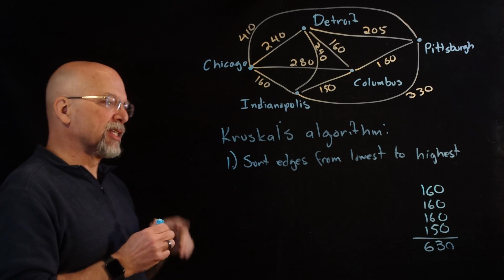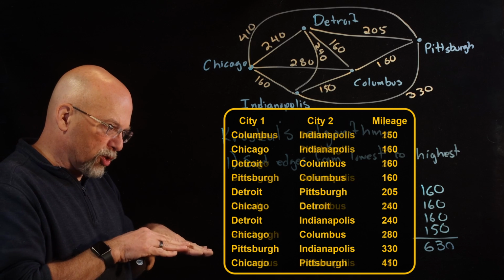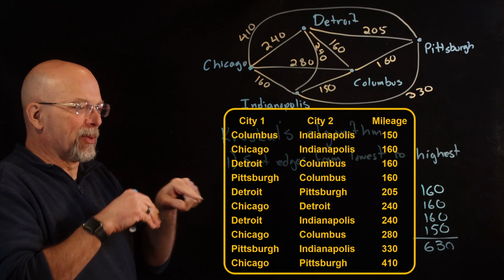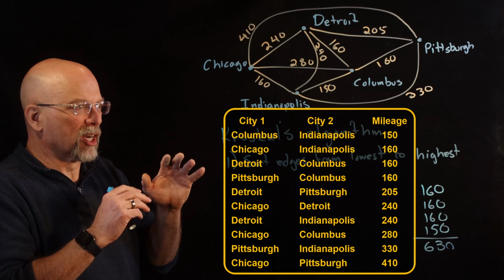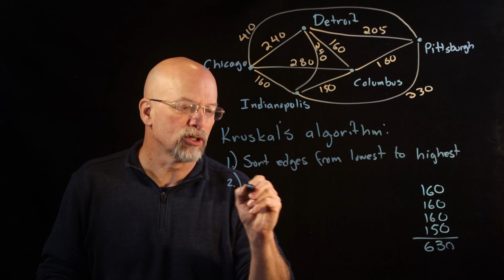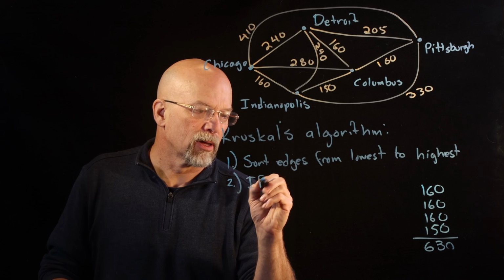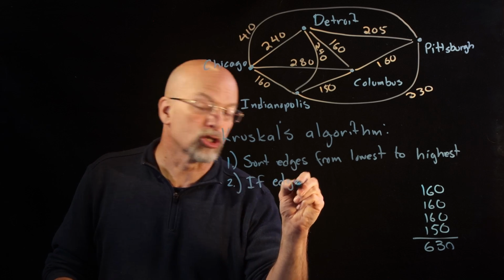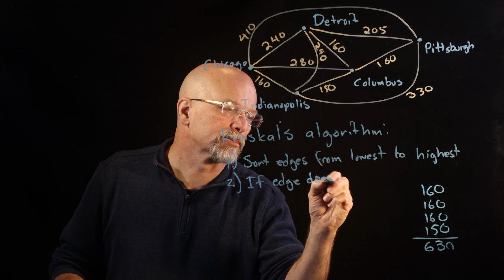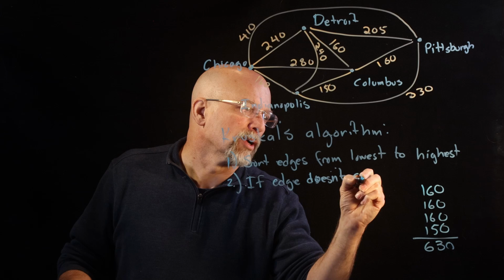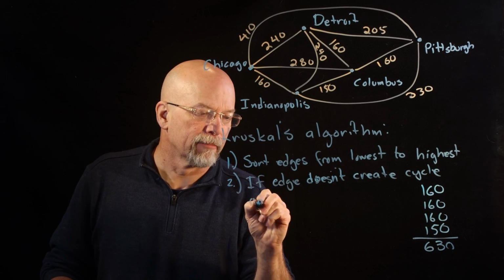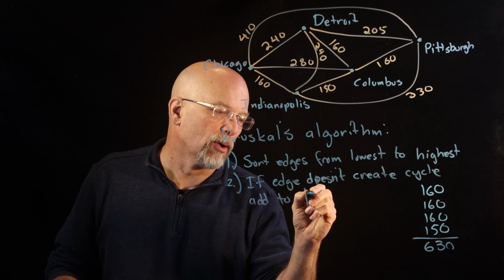And so what you can see is I can actually come up with a table that sorts all of these in order. So for example, we've got Indianapolis to Columbus. That's the shortest. So we know we're going to include that one. And so you're just sorting them from lowest to highest. And then what you do is, starting with the lowest and going to the highest, if an edge doesn't create a cycle, add it to our edge group.